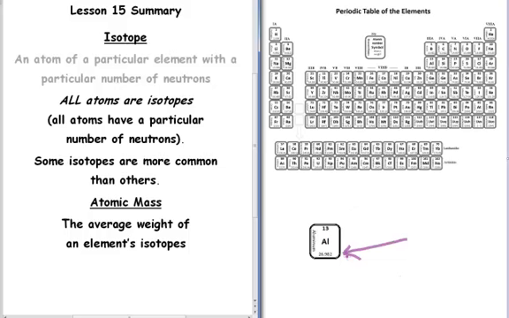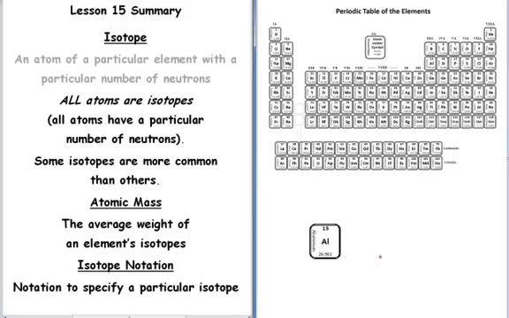So to talk about a particular isotope of a particular element, we then use isotope notation. Isotope notation uses the symbol for the element, then adds the atomic number to the left on the bottom, and the mass number to the left on the top.